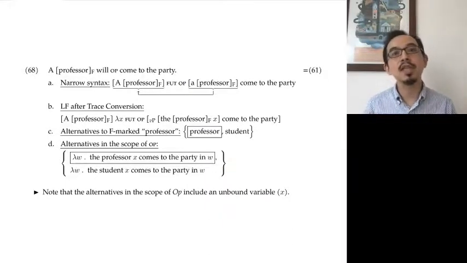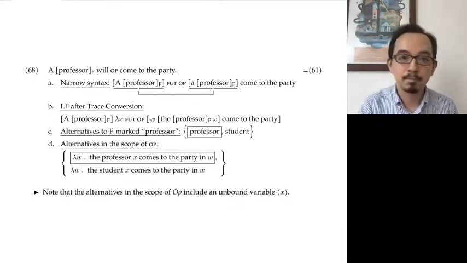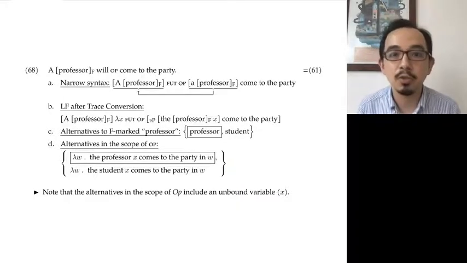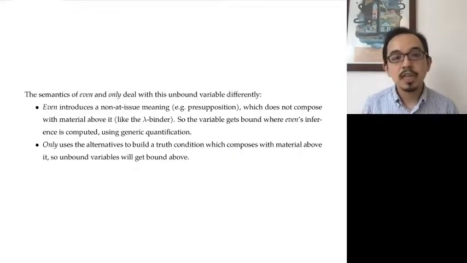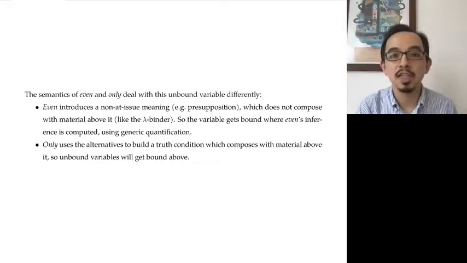But that's what the focus particle, only, even, or also, is going to have to look at and compute its meaning. And here's how it will do so. So even, again, introduces a not at issue meaning, let's say a presupposition, which will then be introduced and not compose with material above it, in the way that presuppositions generally do. Presuppositions project through higher content.